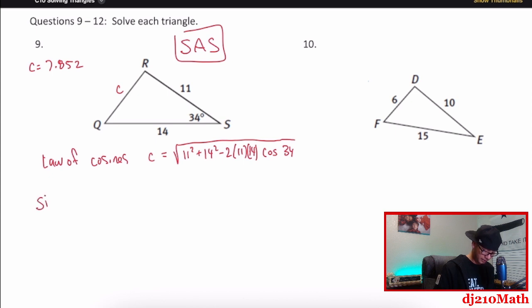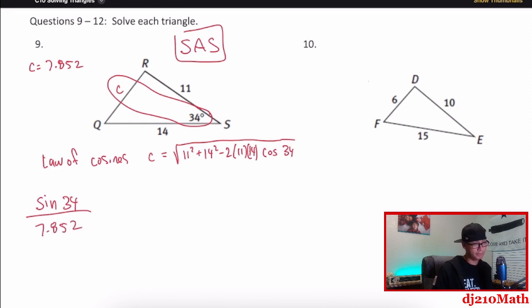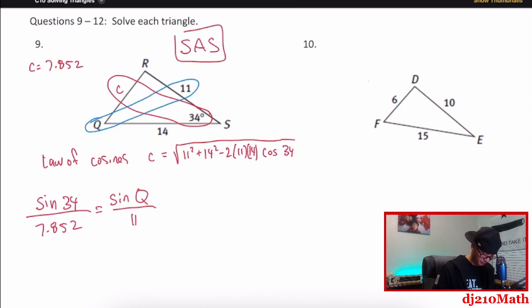So sine 34 over 7.852, because that's the side across from the angle, is going to be equal to sine of, let's say, q. It's the first thing I looked at. Over little q, the side across from it, 11. Sine of q over 11.